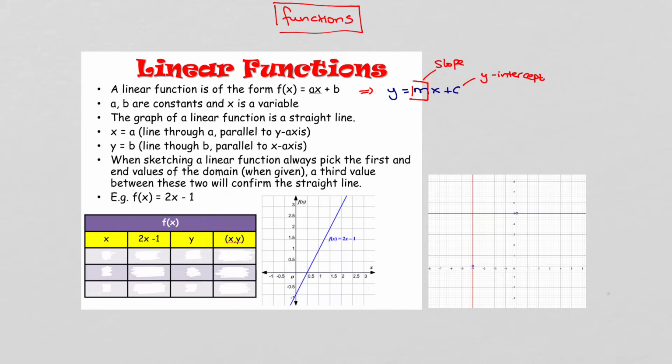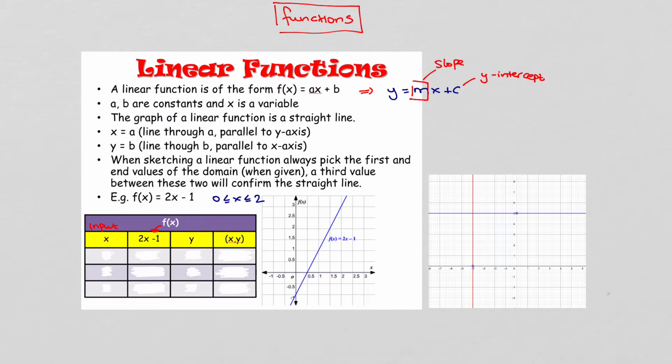The graph of a linear function, if we were to draw it, is going to be represented by a straight line. So if we look down here at the bottom, we have f(x) = 2x - 1. And if we were to graph that between the domain of 0 and 2, I can make a table where I have x, my input, and my function, which is 2x - 1.